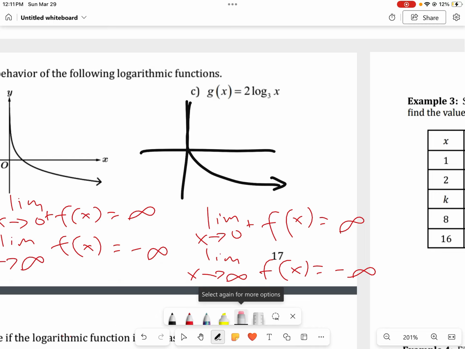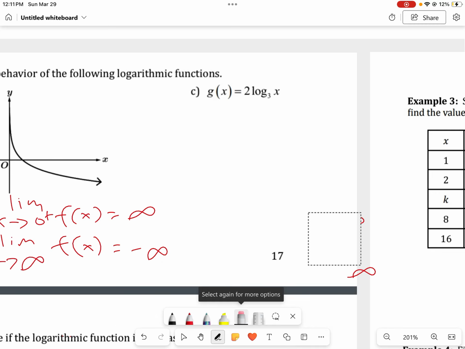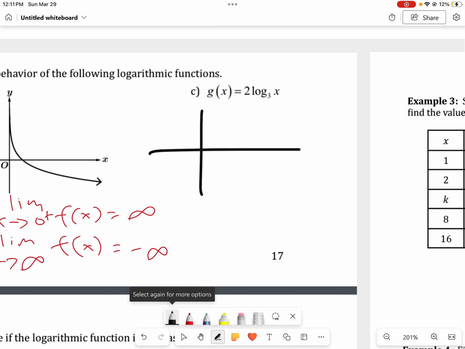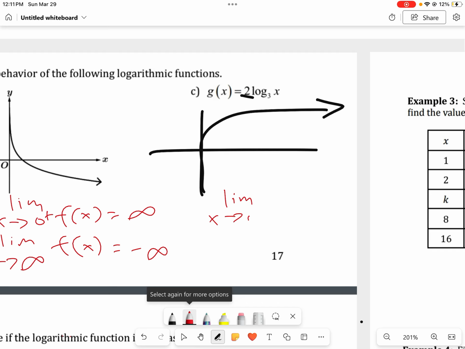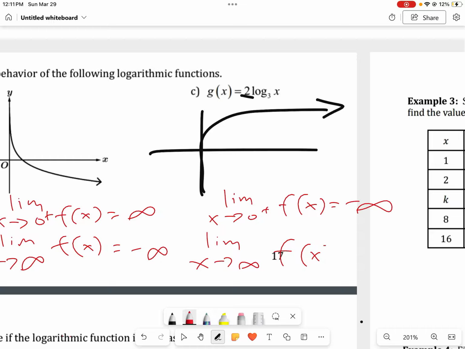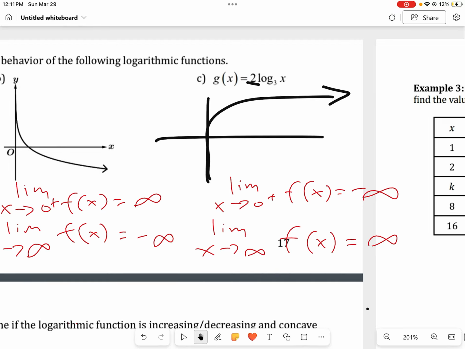Ignore what I drew. Actually, I did it wrong. It's a positive base. I'm just an idiot. So it's going to be like this. So it's actually going to be the limit as x approaches 0 from the positive side, f of x is going to go to negative infinity. And as x approaches infinity, f of x is going to go to infinity. So yeah, just got to watch out for that.